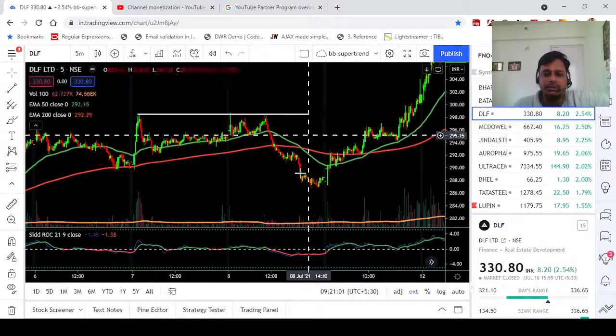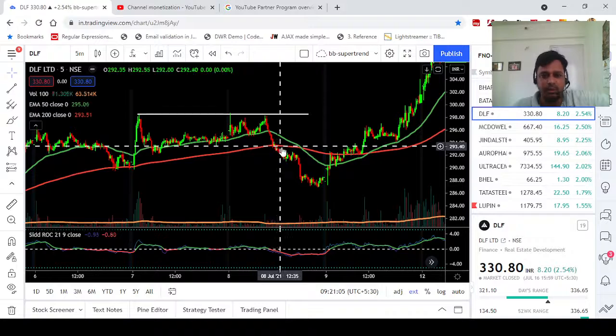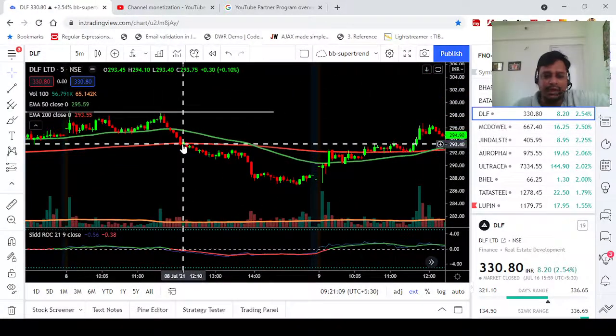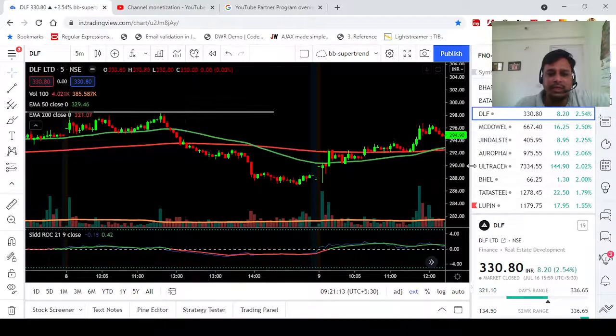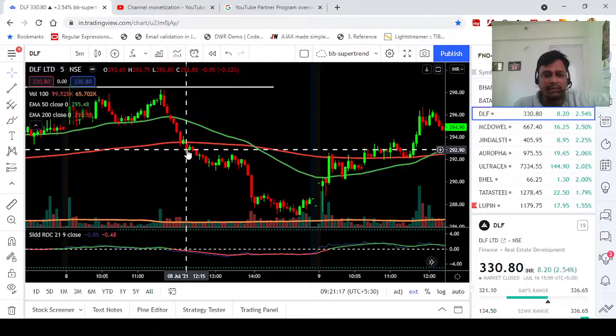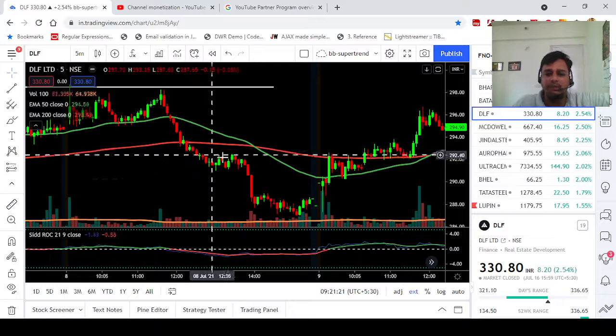Okay, so you see that it went very near the 200 moving average. Near the 200 moving average, it was trying to take support, but support was broken with this candle. If you see, this candle is very big, so when the 200 moving average support is broken, what is your trade? Your trade is short.